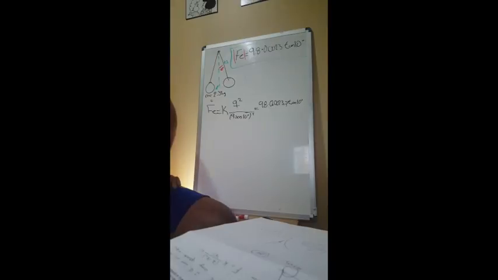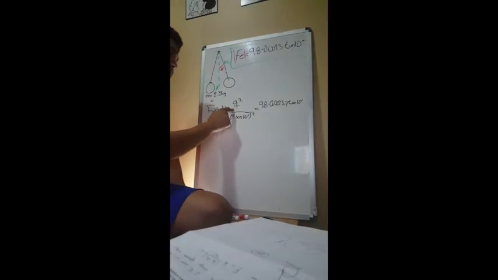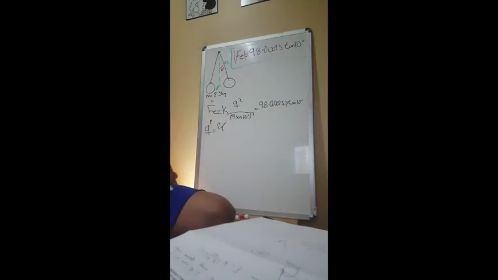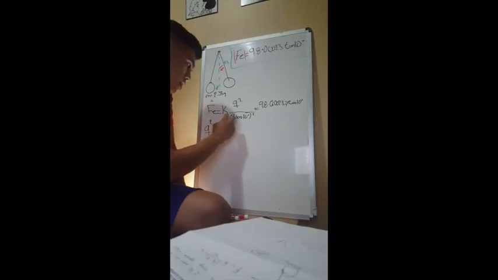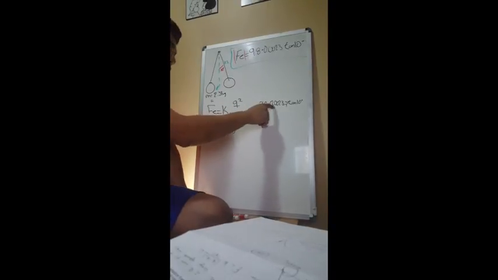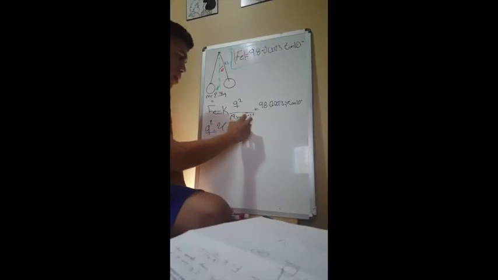Now, what we have over here, we need to get this Q squared over here. So what we're gonna do is Q squared. The formula says that it is 2L. Then we're gonna get gravity, which is 9.8, and the mass. And we're gonna take the results from FE.